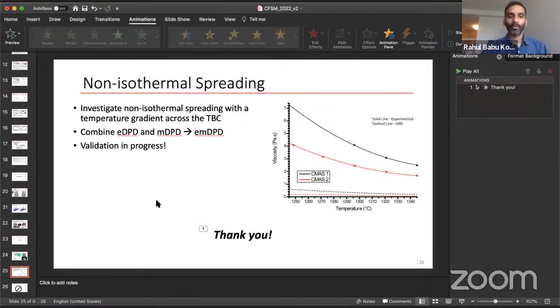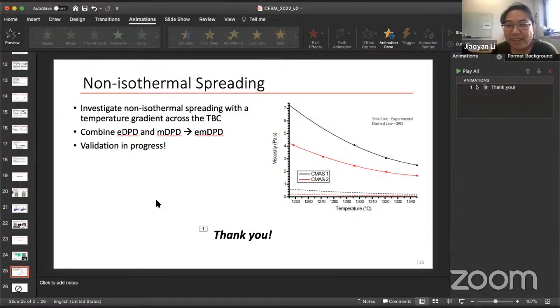We do not have that mechanism in EMDPD right now, but it is one of our future projects to look at phase change and also chemical reactions, because the molten drop reacts chemically with the TPC. So it's down the line.